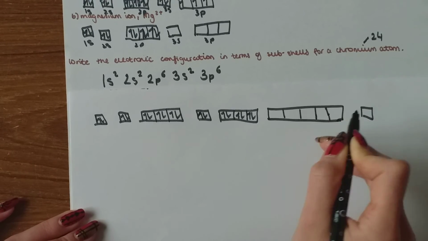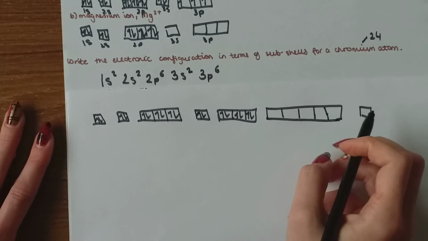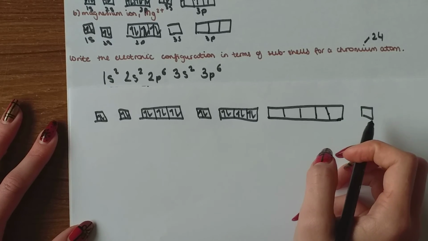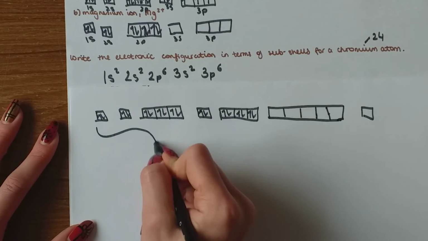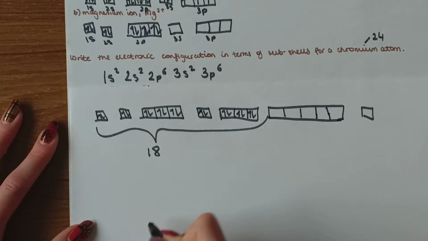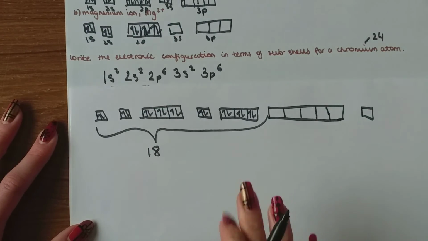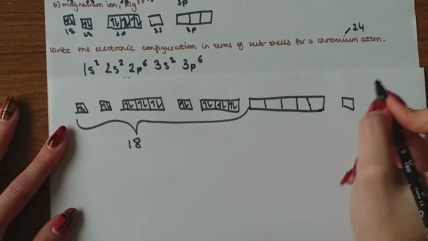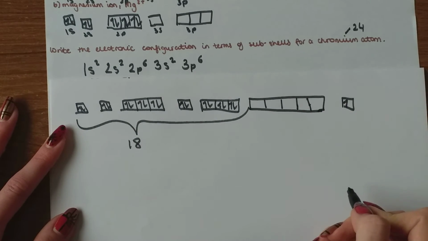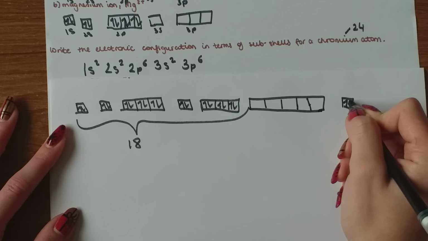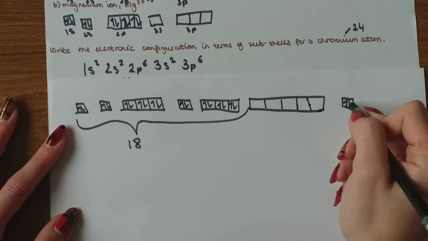As you probably know, you should always fill the small one first. We've got 18 electrons here, and we need 24, so we've got 6 left. So we write one here. We would usually write the second one right next to it.